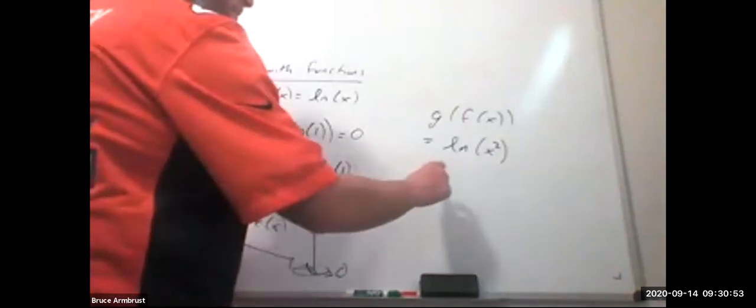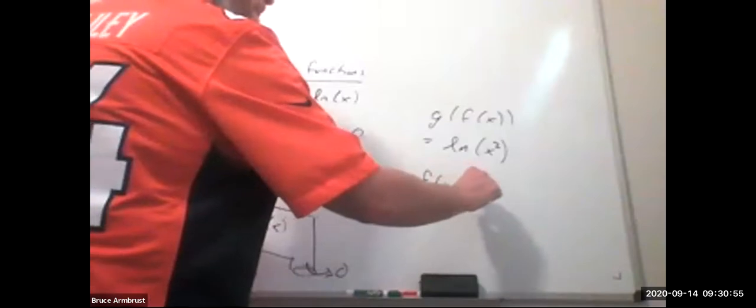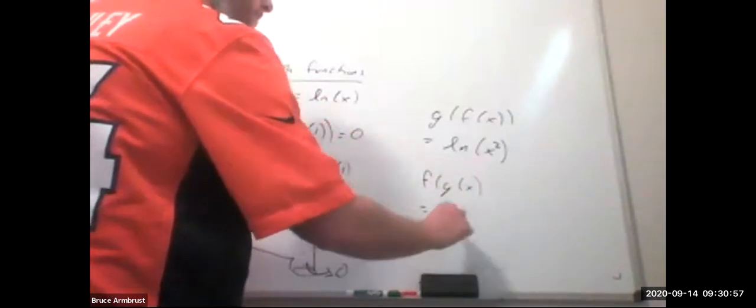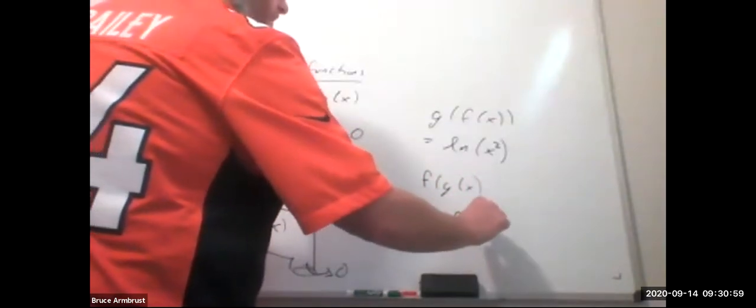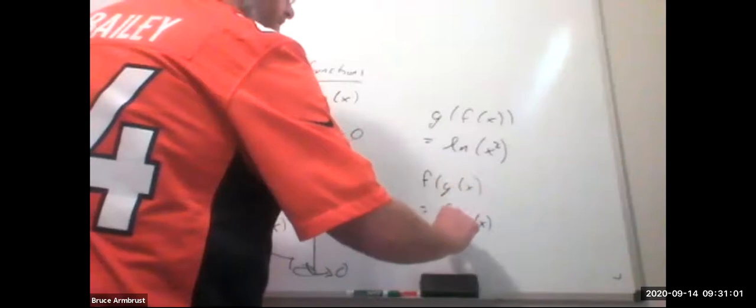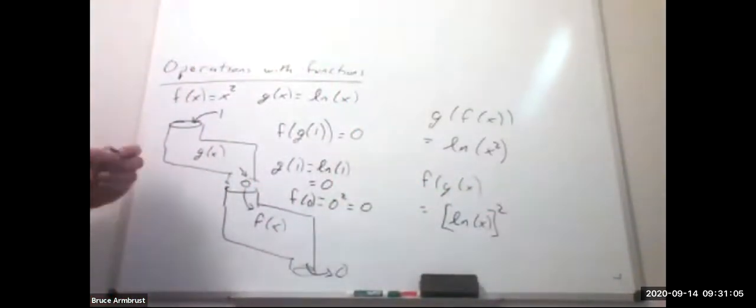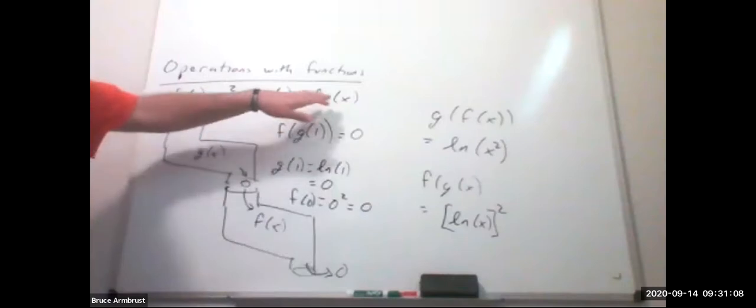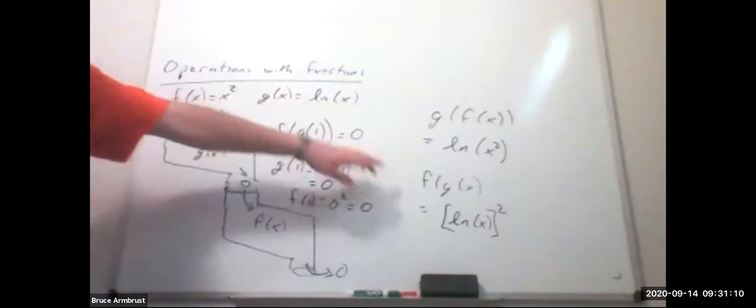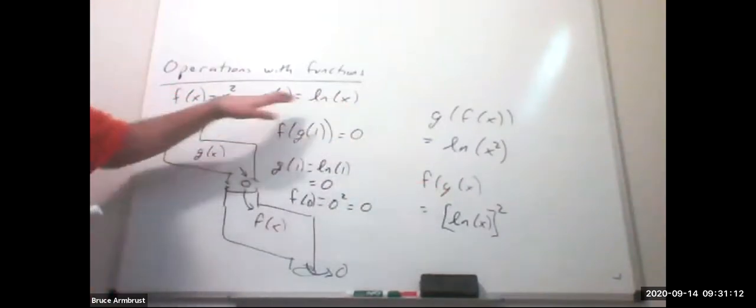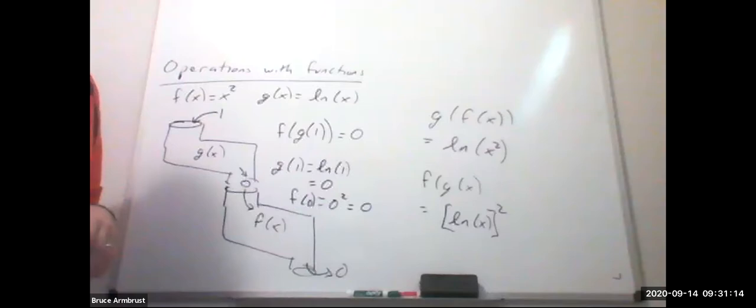If we did it the other way, this one's going to equal the natural log of x and that whole thing being squared, because now we're taking the rule natural log, the g, and we're putting it into f. So that's how composition works.